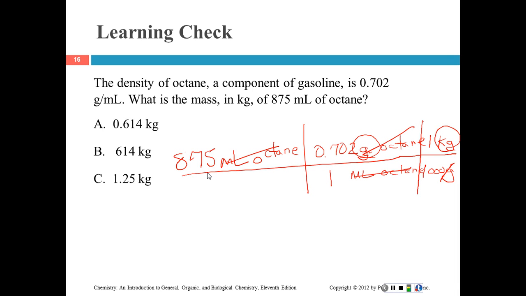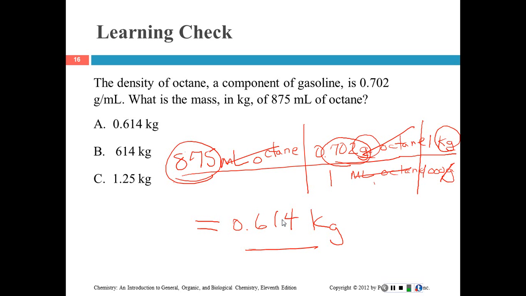And so that in my very messy work is going to give me 0.614 kilograms. Wow, I got to use 3 significant figures that time. How come? Well, I had 3 there and 3 there. So the mass in kilograms of 875 milliliters of octane is 0.614 kilograms.